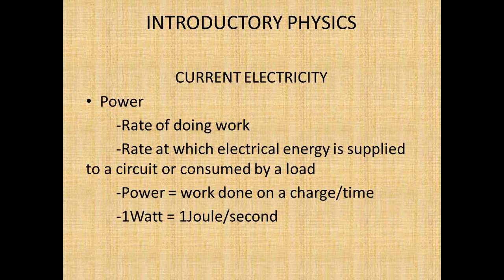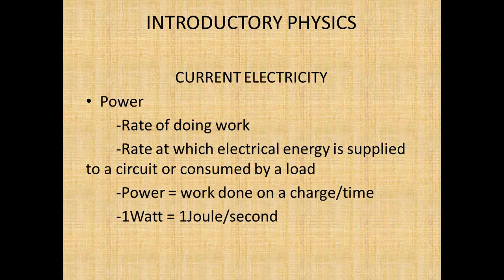So you're going to supply this electric energy through the circuit. And if you have a load, say a washing machine, that's going to consume some of the electric energy. So the power of the washing machine is the rate at which the machine consumes the energy that is supplied to it.